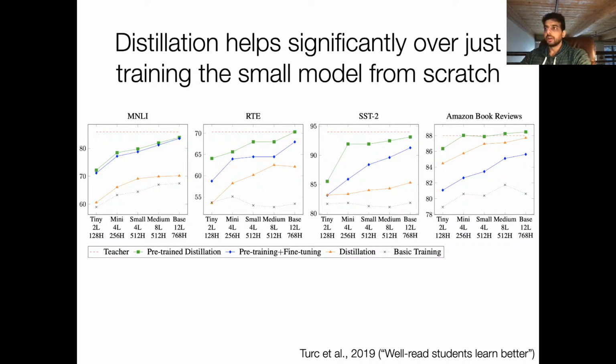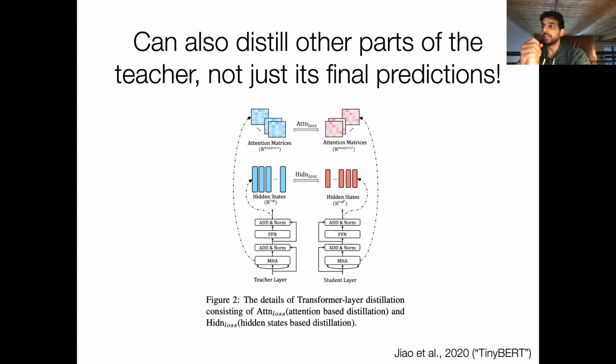So, all right, we have a question here. When hidden states are compared, considering the number of hidden states are different. Oh, I guess you mean the dimensions. So in this case, you're assuming that the hidden size is the same for both teacher and student, and you're just cutting down the number of layers, essentially. The attention head size, everything is the same. You're just compressing the model by reducing the number of layers.